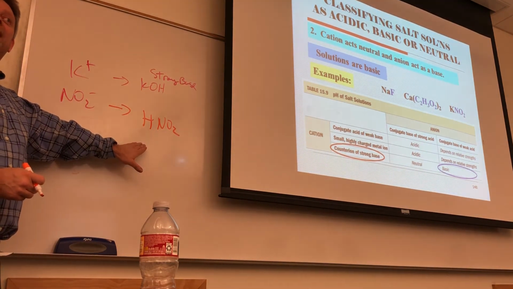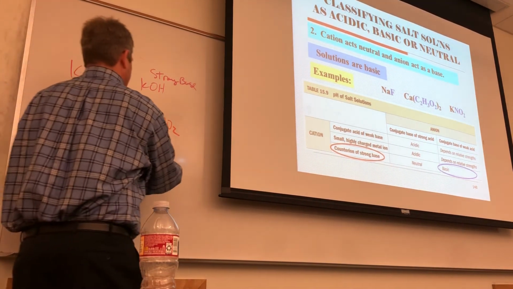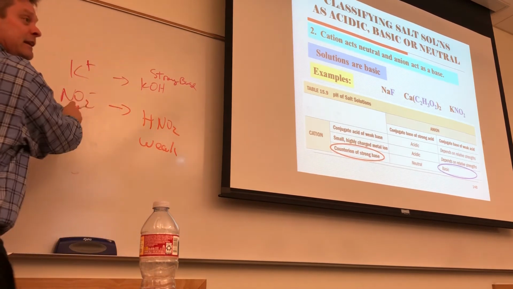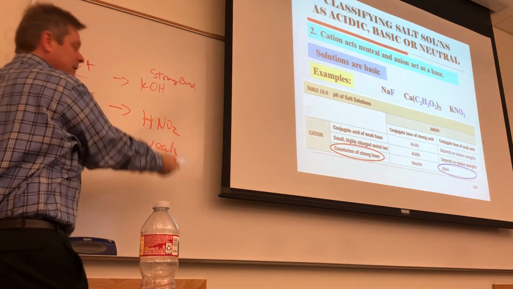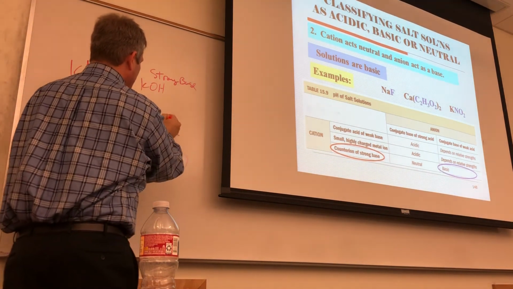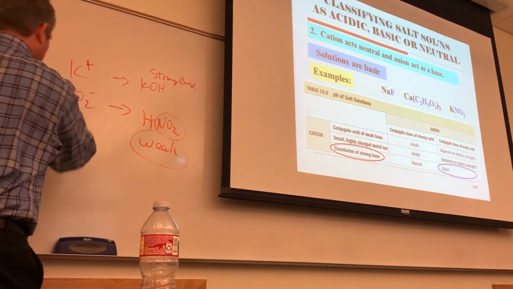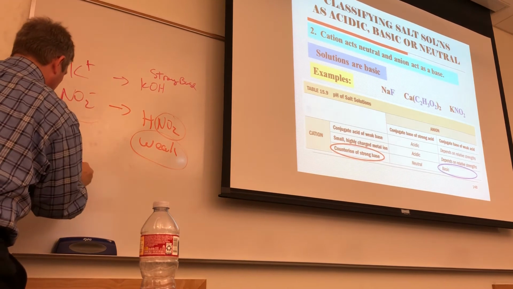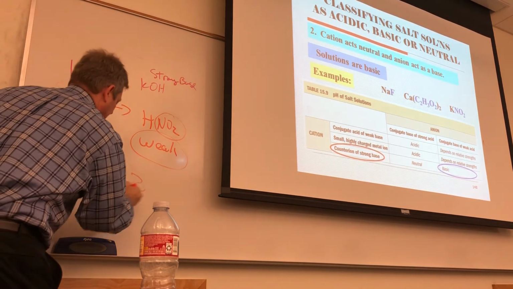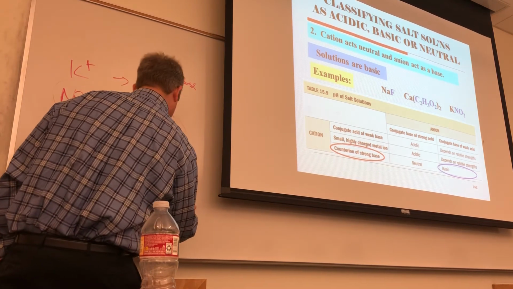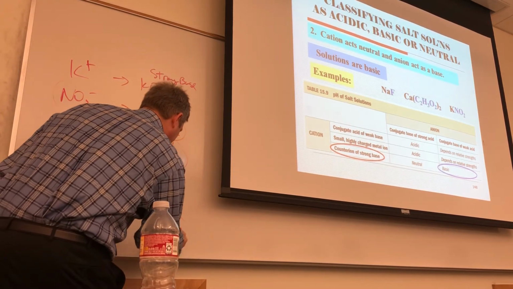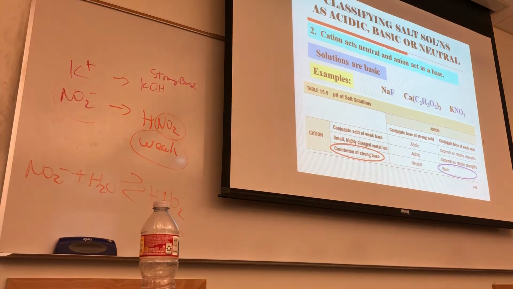Yeah, one difference. It's weak. So even if I didn't automatically know that, you could figure this out, which is why I keep showing you these things. And this is coming off a weak acid, which means that if I put this in with water, I'm now going to form the HNO2 plus the OH minus. That's my base. That's how I know it forms a basic solution.